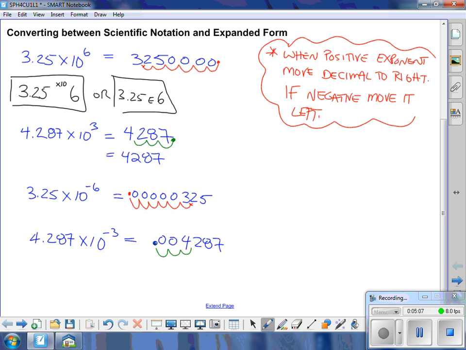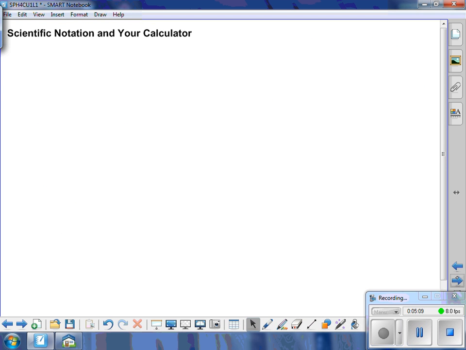All right, so moving along, using it with your calculator. On your calculator, you'll need to locate one of two buttons. There is either going to be an EE button, which is the more common one, or I have seen EXP as a common one, and some calculators have that button there, times 10 to the X or something like that.